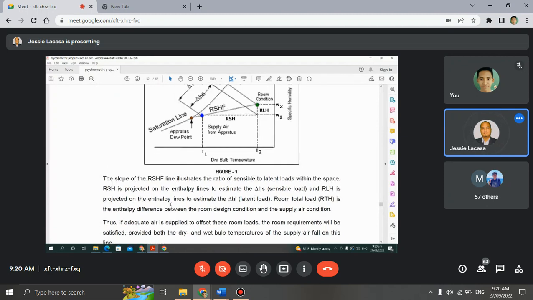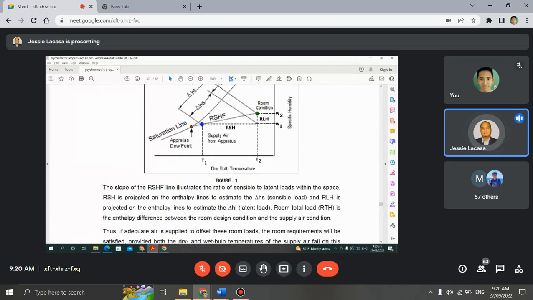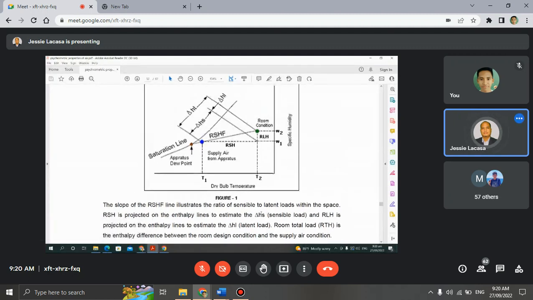Okay? So the slope of the room sensible heat factor line illustrates the ratio of sensible to latent loads within the space. So the room sensible heat is projected on the enthalpy lines to estimate the change in sensible load, no? So in terms of sensible load.